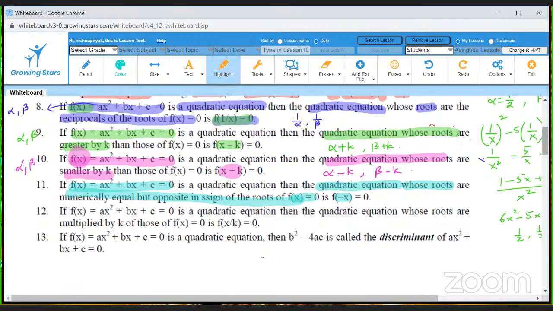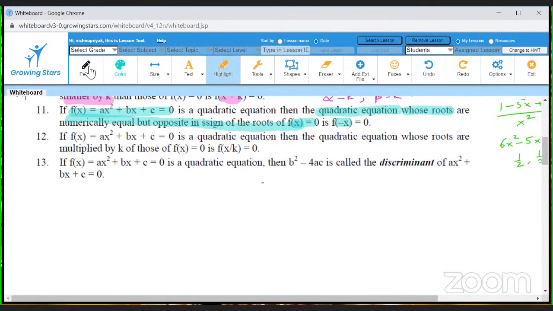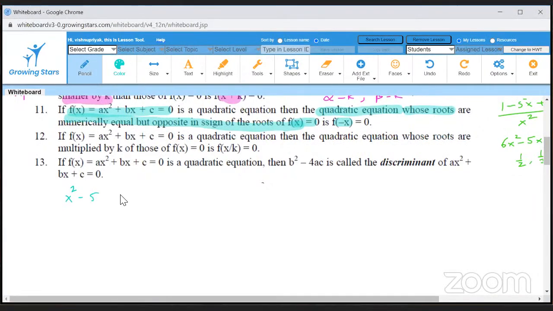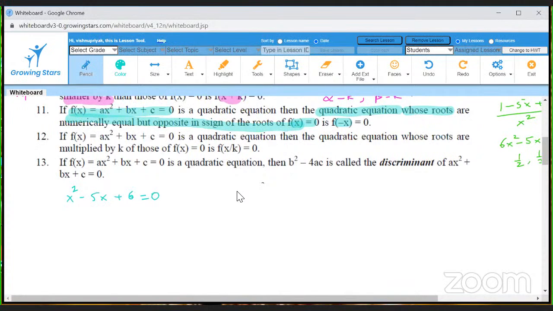So based on this formula, I'll give you one question here. Suppose x square minus 5x plus 6 equal to 0 is the quadratic equation I'm giving you. The roots are 2 and 3.